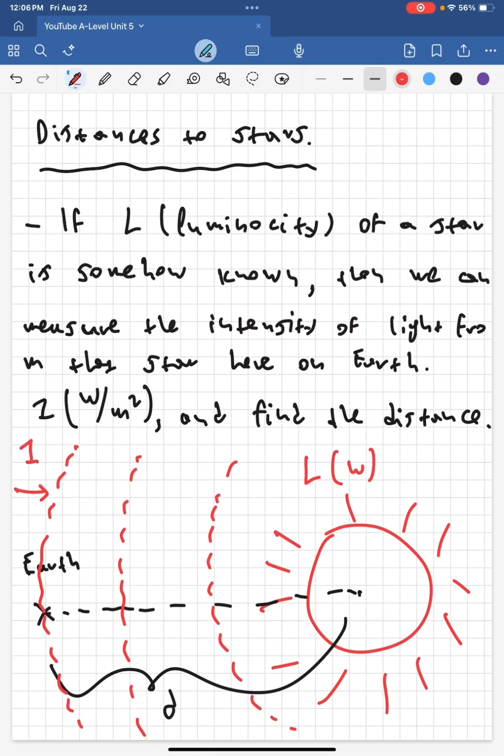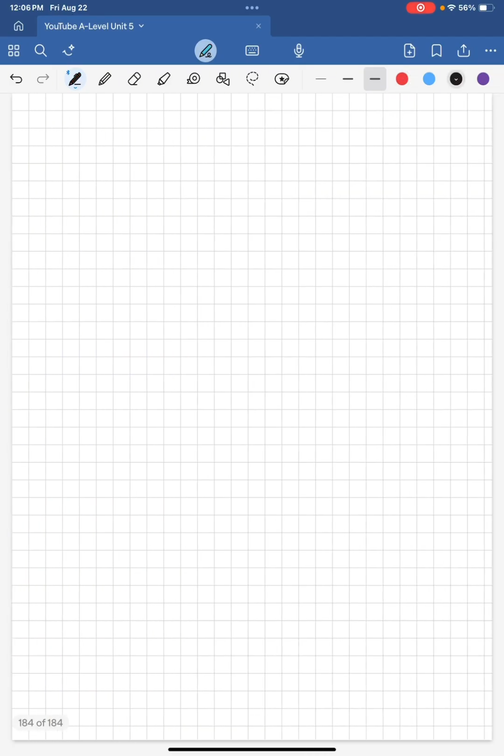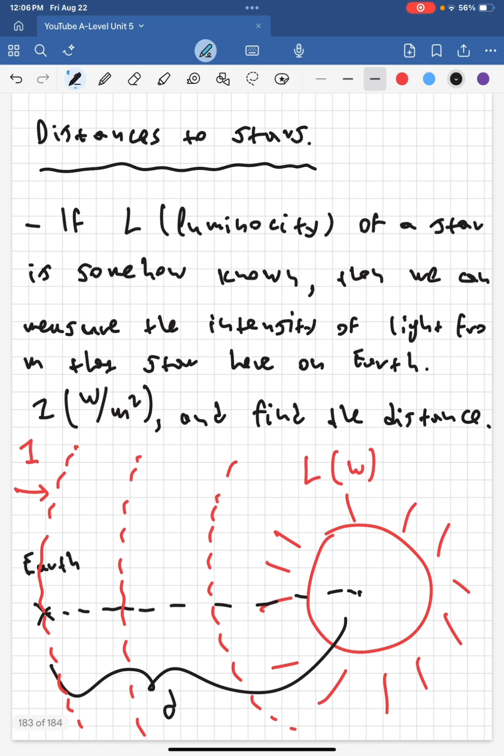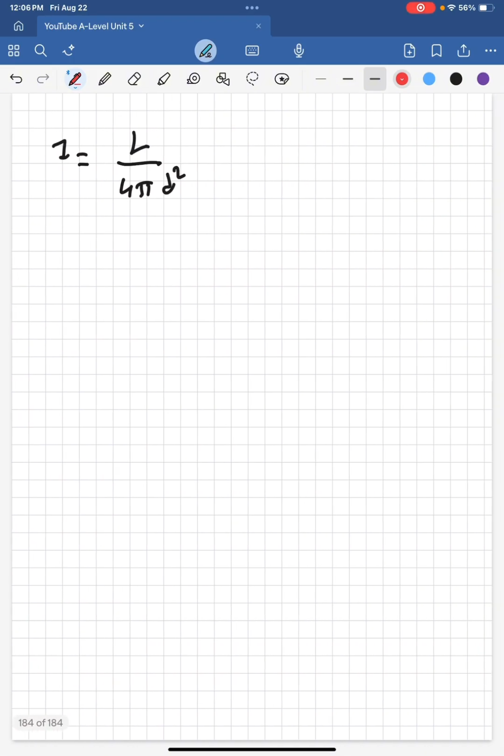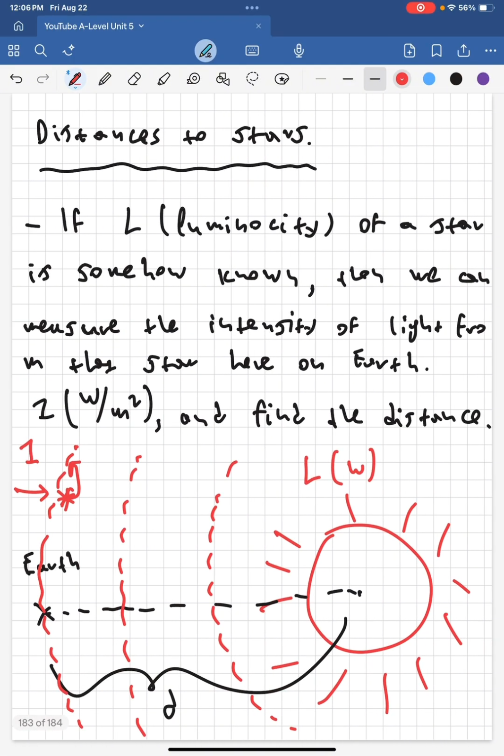And I, the intensity, is given by the radiation law, the inverse square law. I is equal to the luminosity over 4 pi d squared. Why 4 pi d squared? Because this thing that I show is a sphere, and the surface area of a sphere is 4 pi d squared. And why d squared?